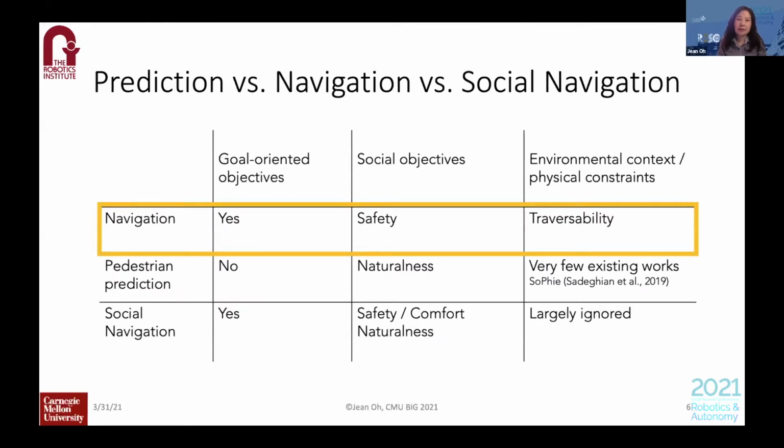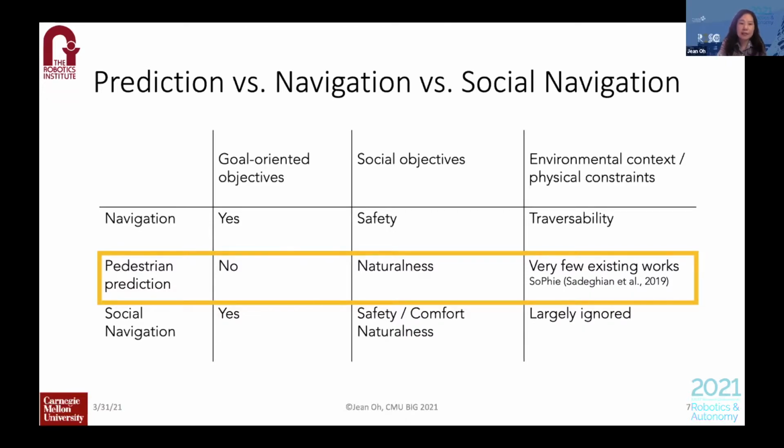Generally, under this problem category, people have worked on pure navigation, which has a strong objective to reach the destination, and it's mostly done in the ground vehicle setting. So traversability became an important part of the research: how to find the cost for different types of terrain to navigate over. The next thing is pedestrian prediction.